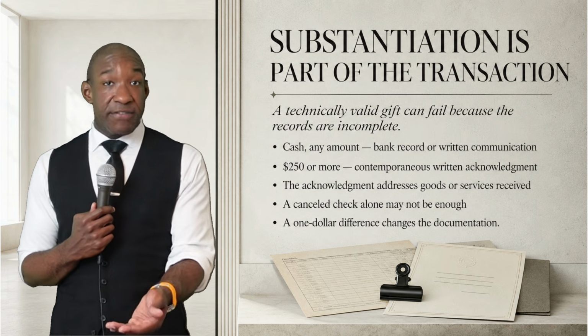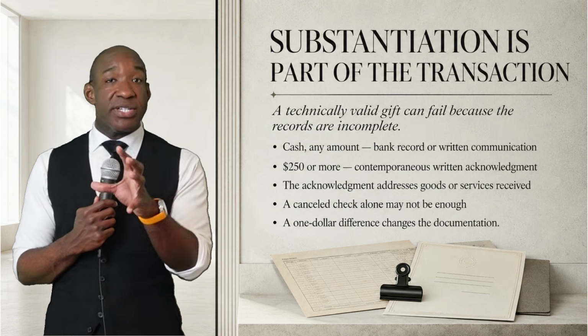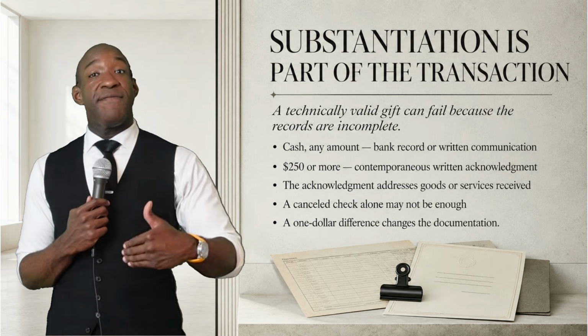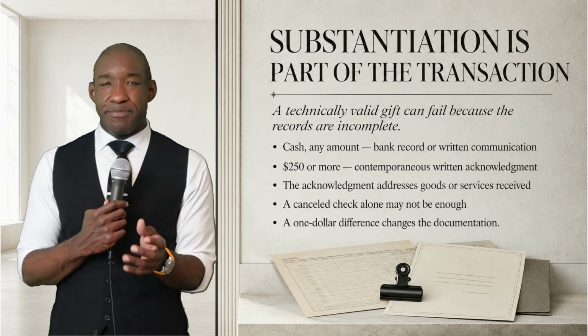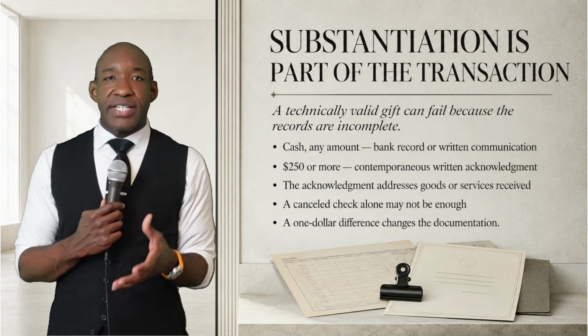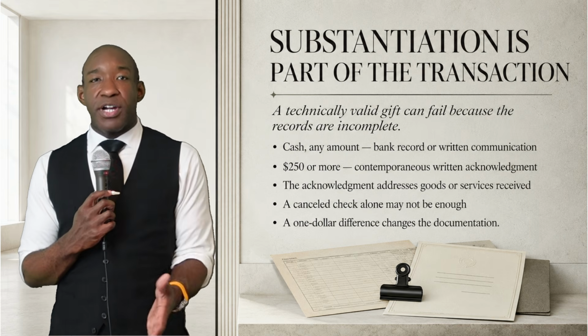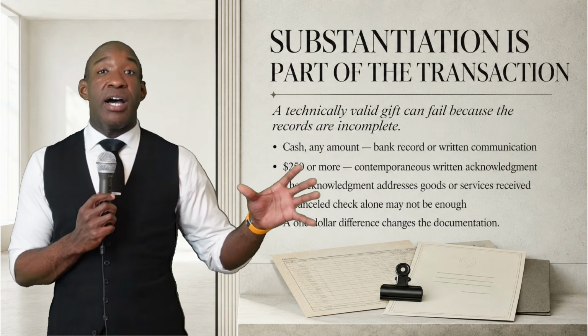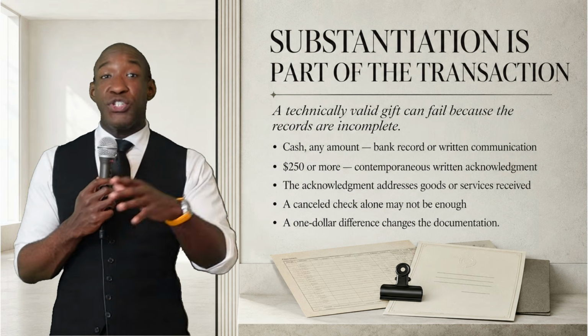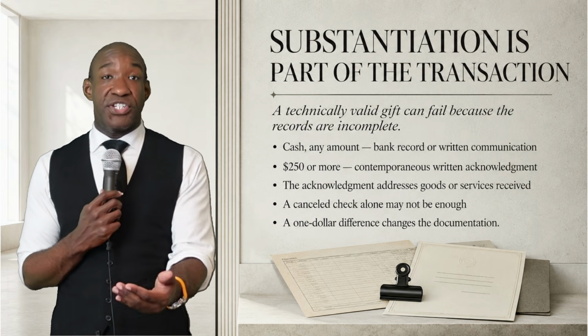If goods or services were provided, the acknowledgment generally must include a description and a good faith estimate of their value, unless a specific exception applies. Contemporaneous generally means the donor obtains the acknowledgment by the earlier of the date the tax return is filed or the due date of the return, including extensions.